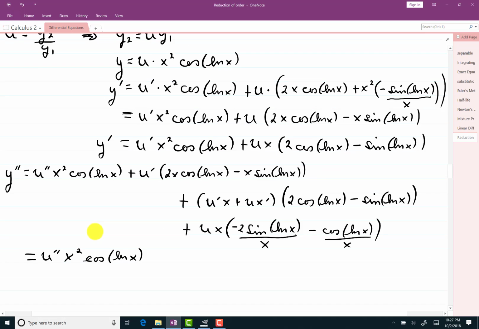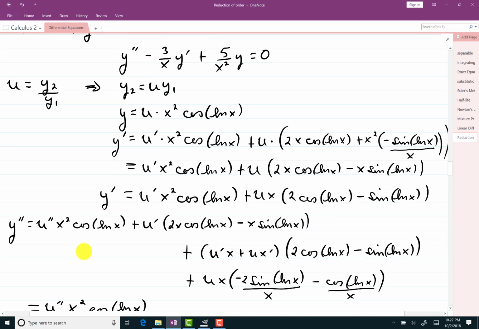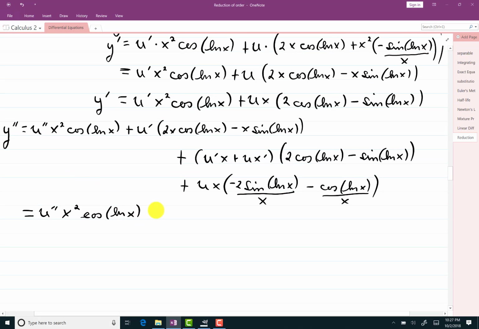Didn't mean to move the screen, but I'm going to factor an x out of this piece. So for that part, I'll get plus u prime x times 2 cosine of ln of x minus sine of ln of x.